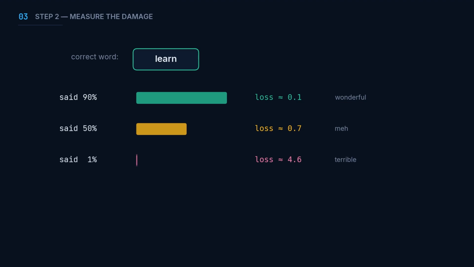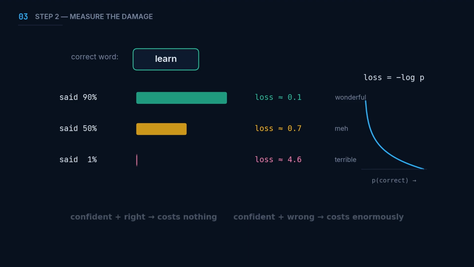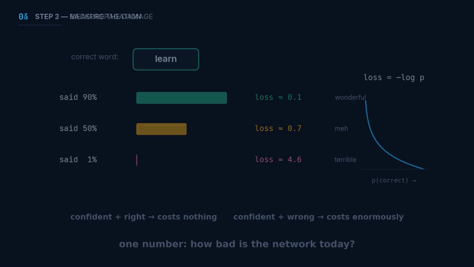Cross-entropy loss wraps that idea in a logarithm. Confident and right costs nearly nothing. Confident and wrong costs enormously. Average it over all examples and you get one number, the loss, that says, this is how bad the network is today. Training is simply the art of pushing that number down.